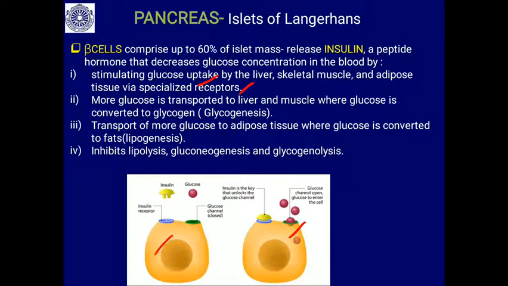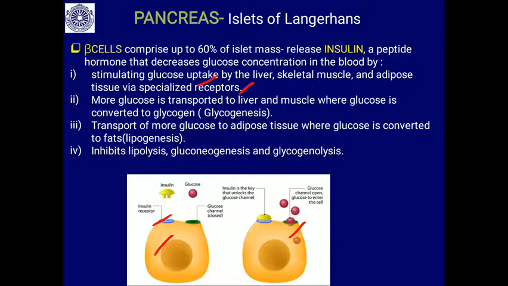When insulin binds to the insulin receptor, you can see the glucose is transported or absorbed by these cells. So, that is how glucose is taken up by these organs. Whenever there is high glucose in the blood, glucose is transported to the liver and muscles, where glucose is converted into glycogen, that is glycogenesis.